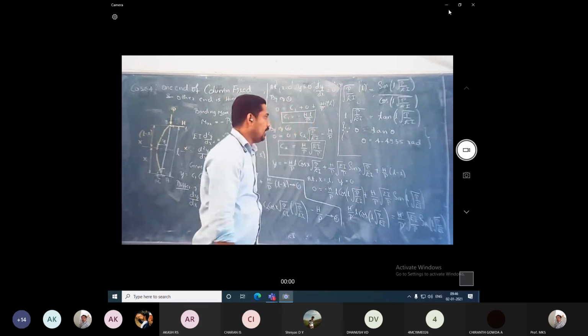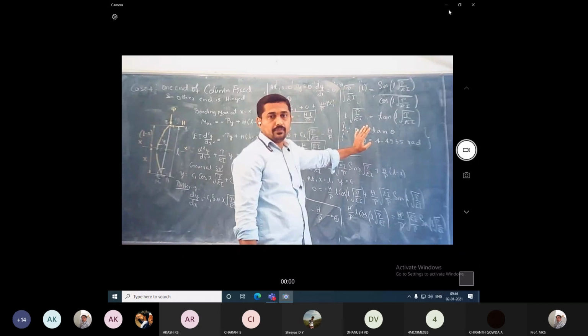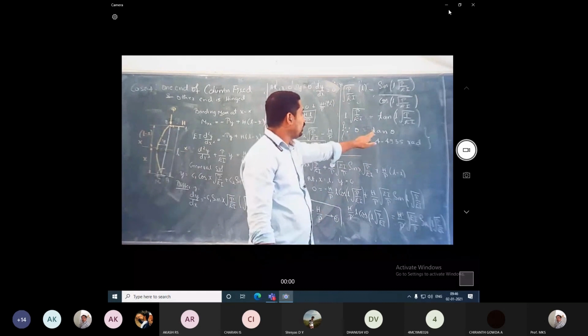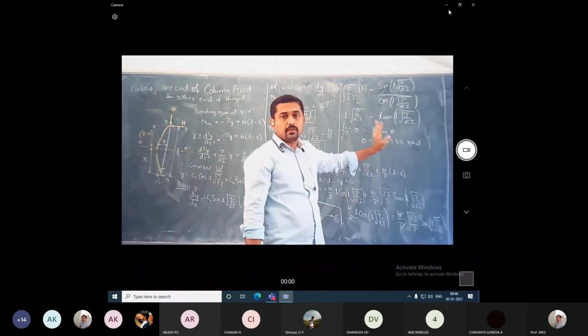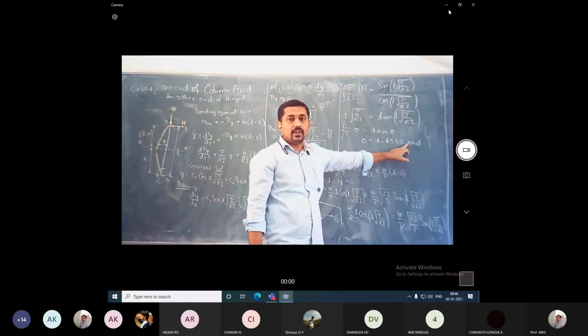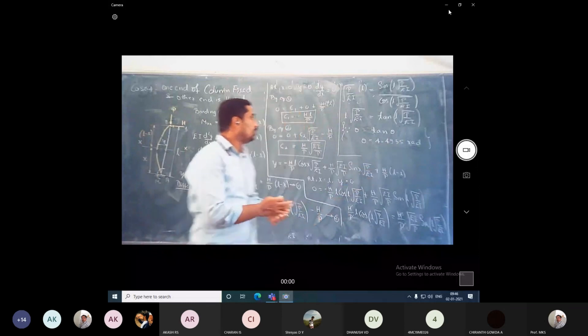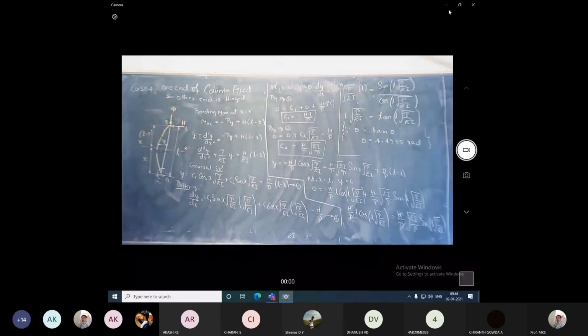Just for your reference, you need to remember this. You can substitute in your calculator. The tan theta value and this value will be nearly the same when you substitute in radians.